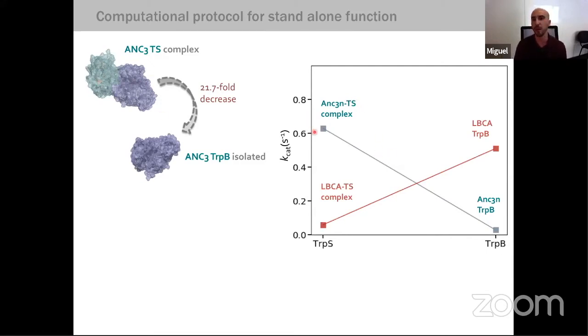This is why we are collaborating with the Sterner lab to try to engineer this system for a standalone function. In contrast, the last bacterial common ancestor shows the opposite behavior. It works much better isolated than in complex.